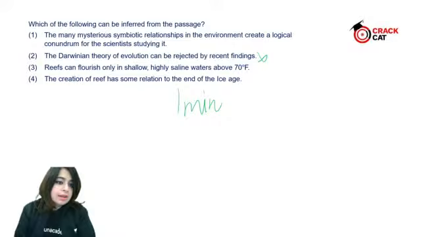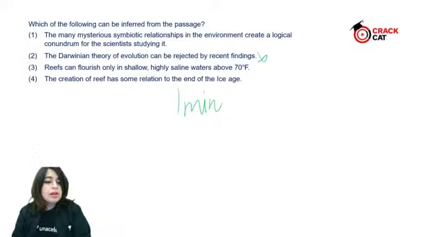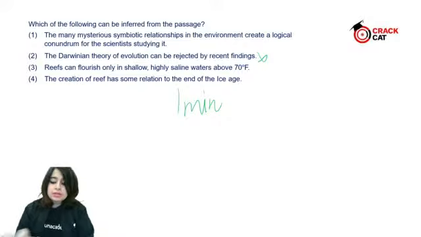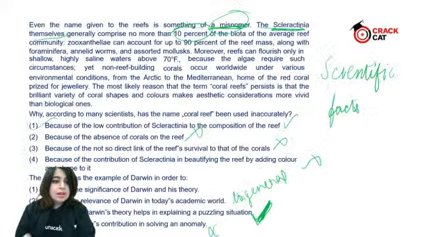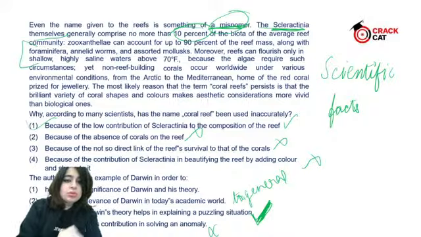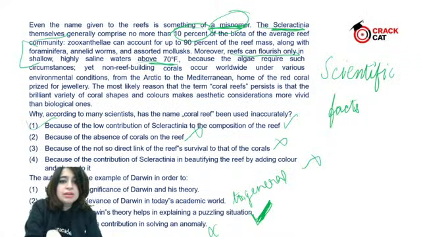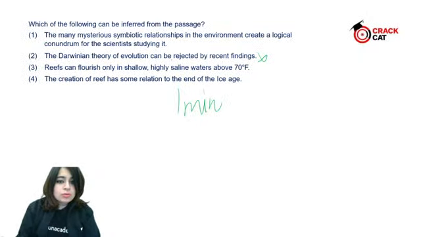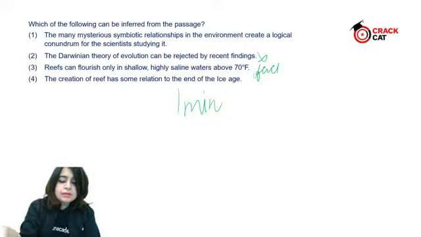The third says reefs can only function and flourish in shallow, highly saline waters above 70 degrees Fahrenheit. I think this is information which has been given. So it says reefs can flourish only in shallow, highly saline waters above 70 degrees Fahrenheit. I think this is something which has been mentioned like a fact. So it's not an inference.